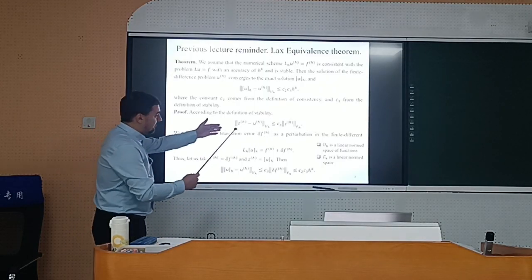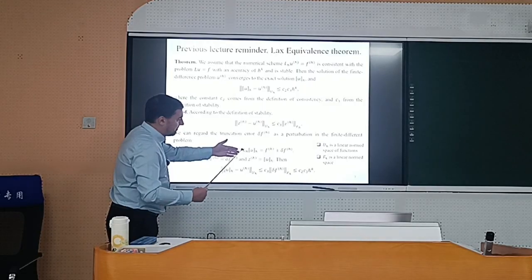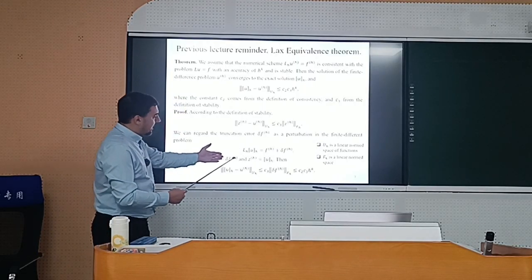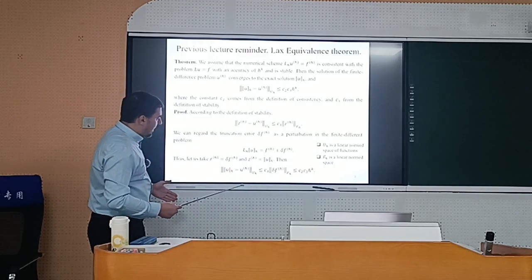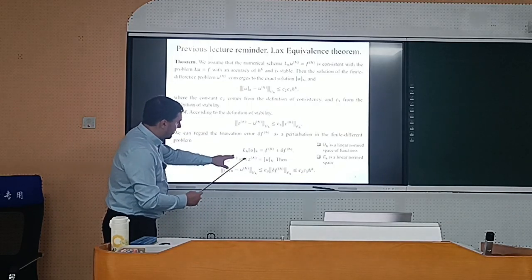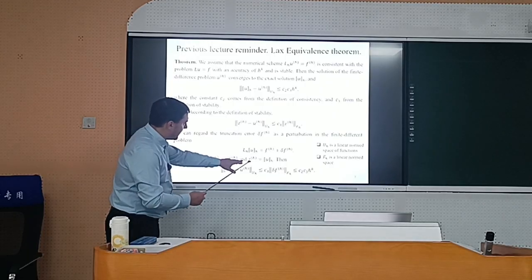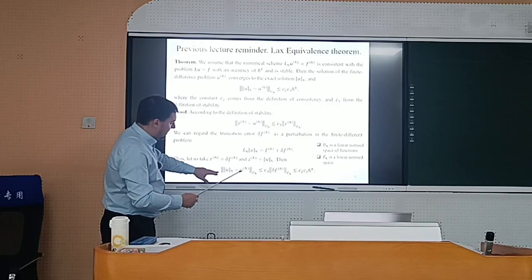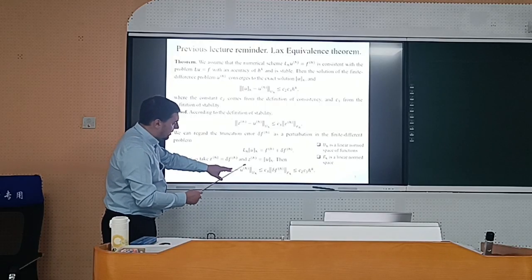We can apply this definition to the definition of consistency. In this case, epsilon is delta, and ZH is the exact solution. Then we put epsilon and Z into the definition of stability and get the norm of the difference between the exact solution and the numerical one.